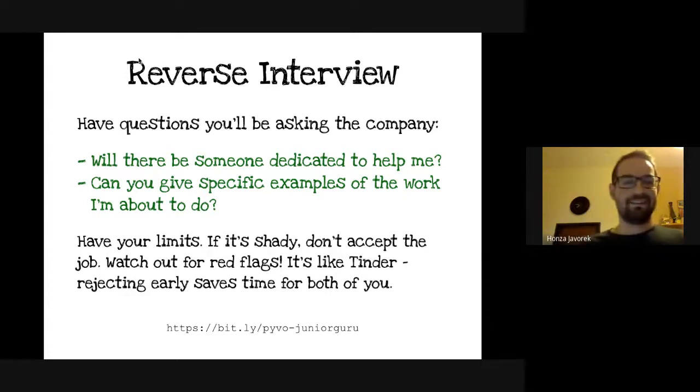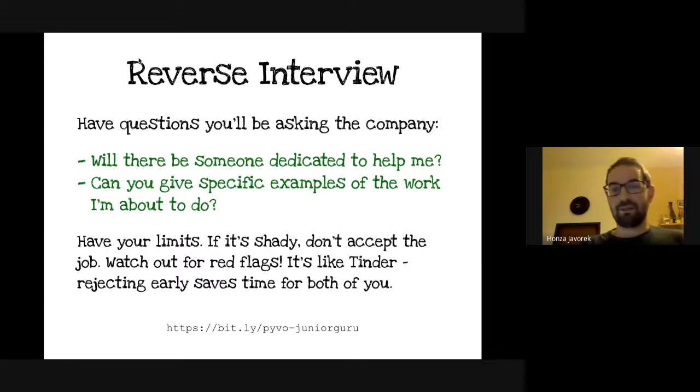So it shouldn't be like that. It should be that there is a dedicated person. I don't mean they should attend to you all the time, but they should be the person who is assigned to help you, and you shouldn't feel like shit coming to ask them. So it's good if you ask the company about this because you're junior and you will definitely need that.